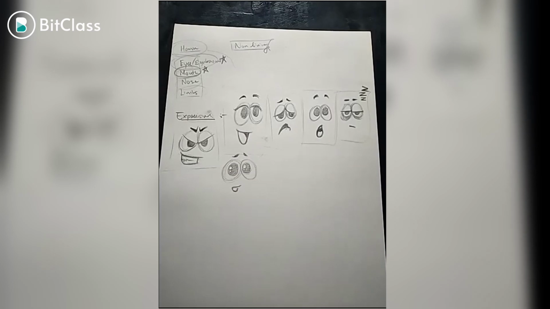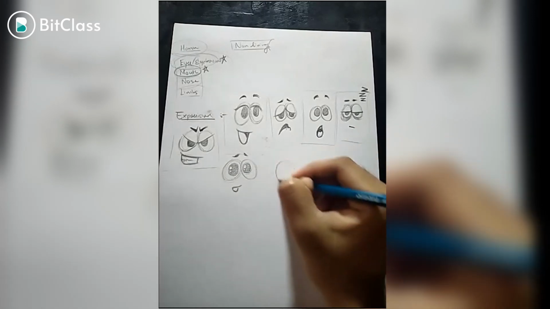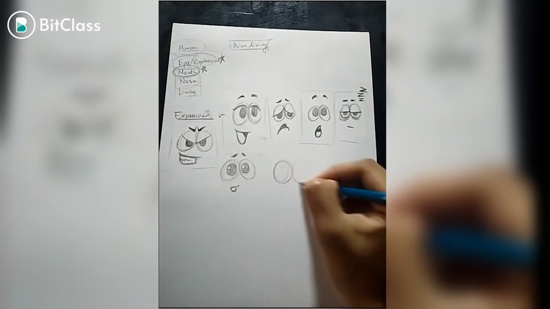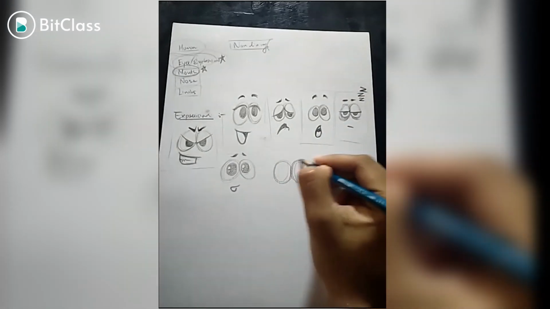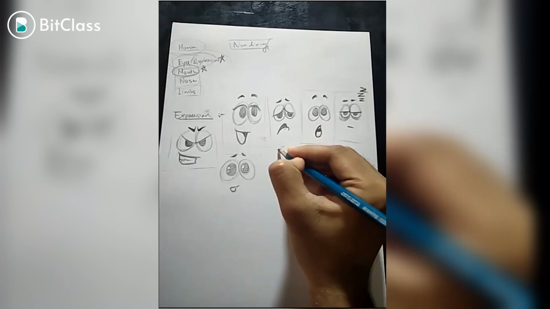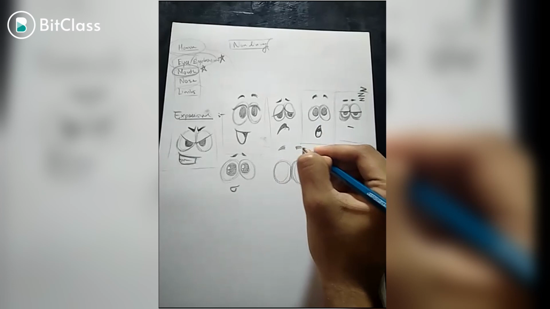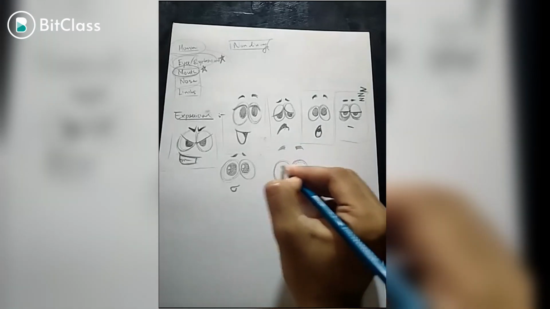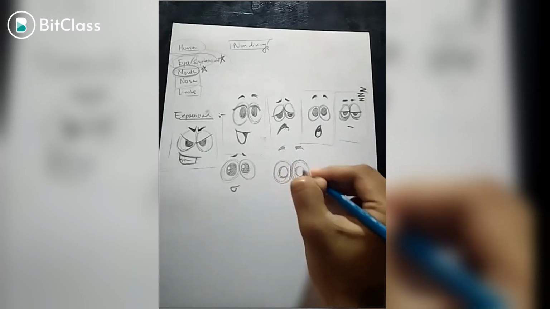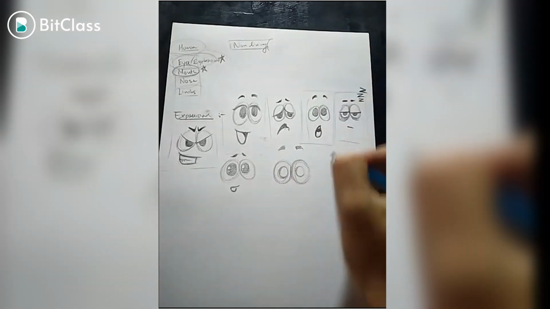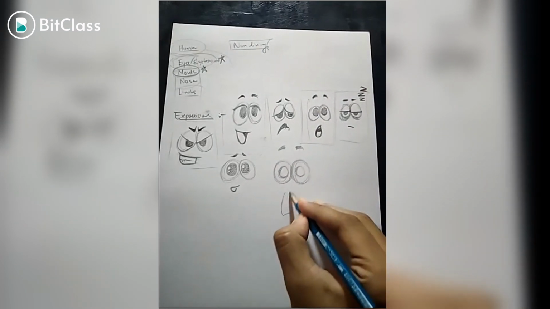How can we make a scared face? All right, scared face. Now, when you're scared, you can look at your own self. You will be expressive with wide eyes open. It will be more like an amazed one, but rather your face will be sad.